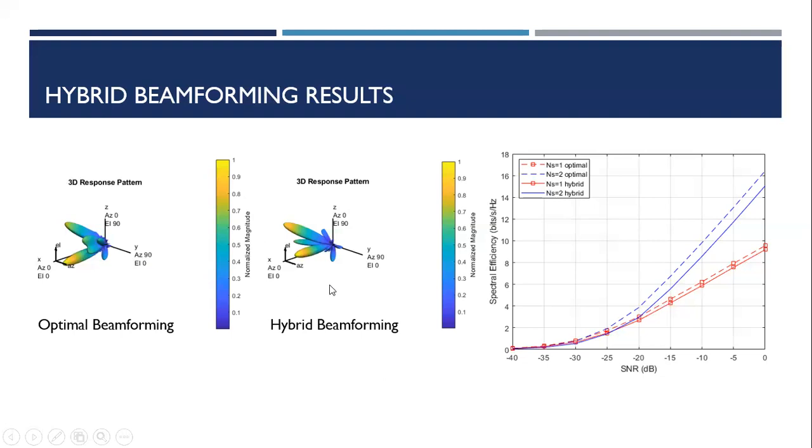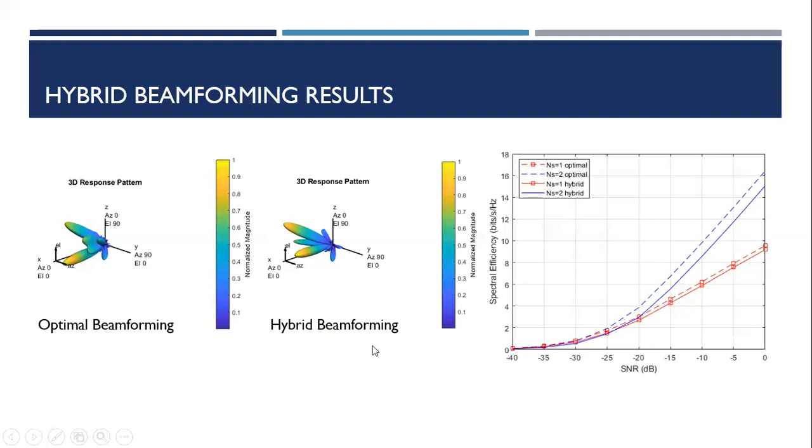In hybrid beamforming, we can see the results are almost similar, and the main lobes that are generated are also in the same direction. But it should be noted that within the optimal beamforming here, the hardware circuitry is much more and the cost is much more, and the overall complexity of the system is much greater than hybrid beamforming, where we have reduced the cost of the hardware because essentially we are reducing the number of generators as well, and we are also reducing the complex circuitry as well.